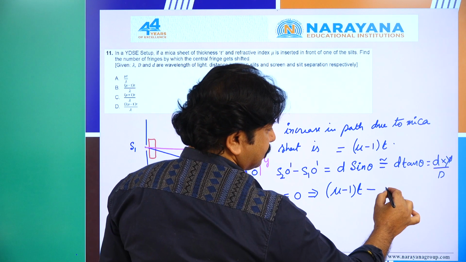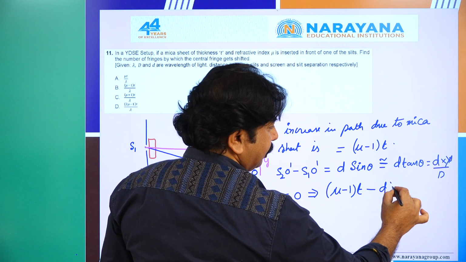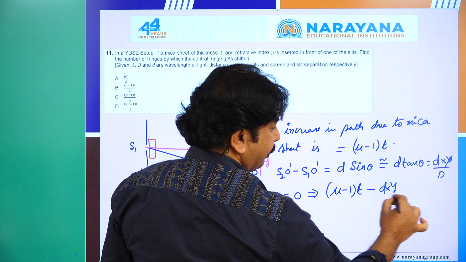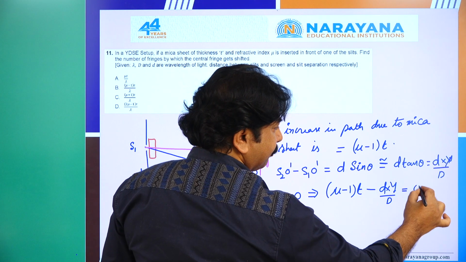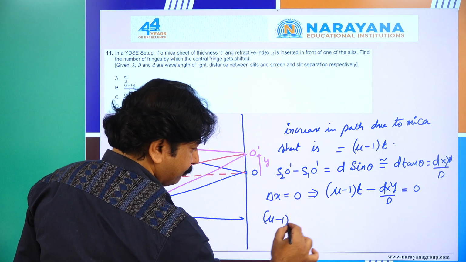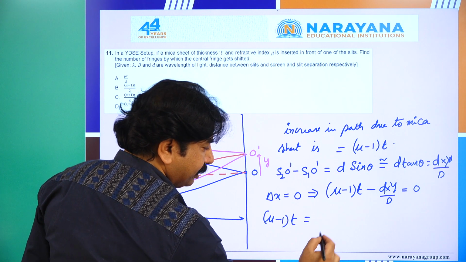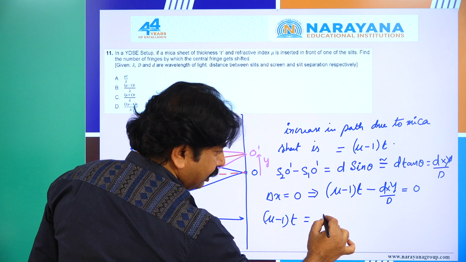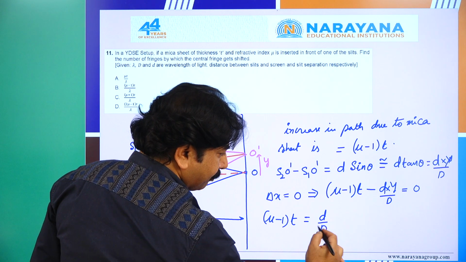There should be the difference d into y by capital D, that should be 0. So (mu minus 1) into t should be equal to d into y by capital D.